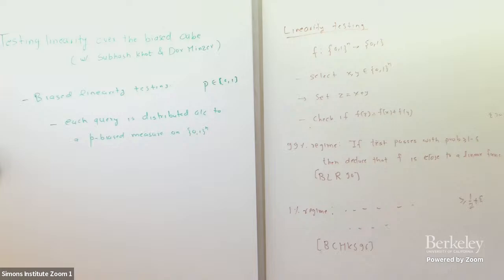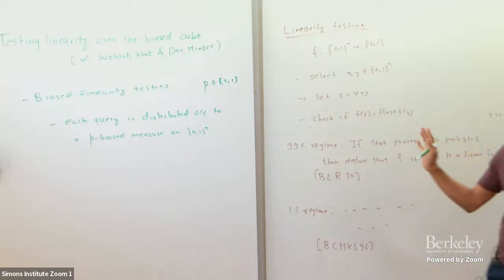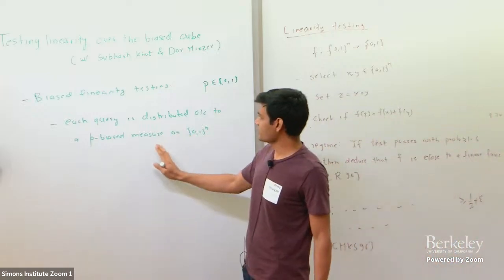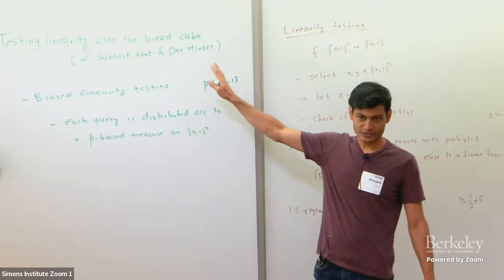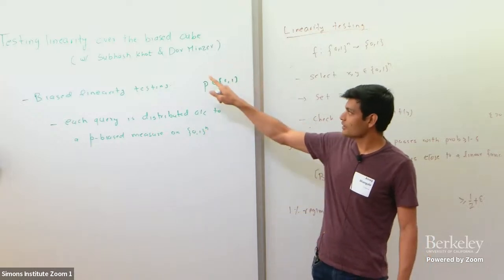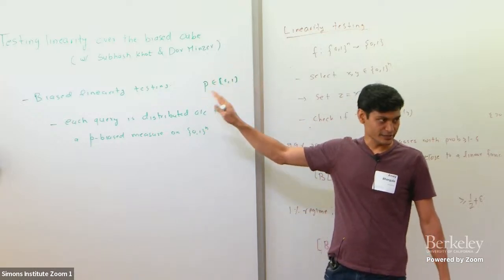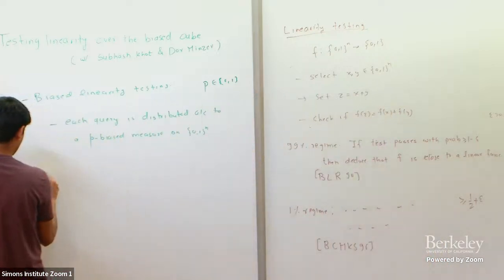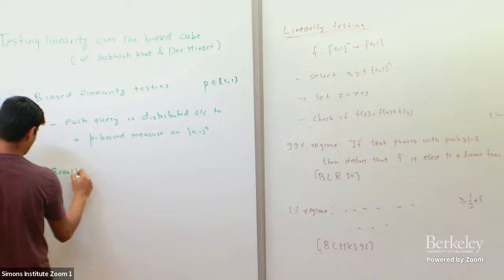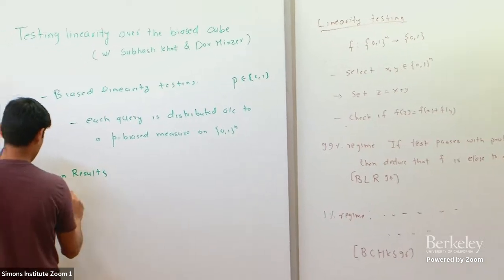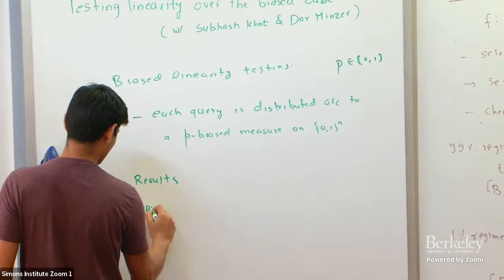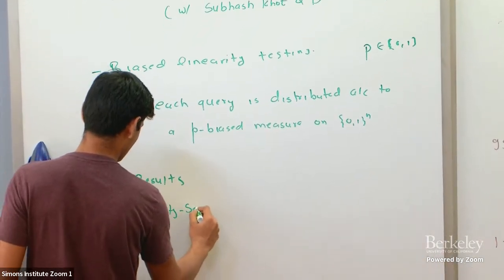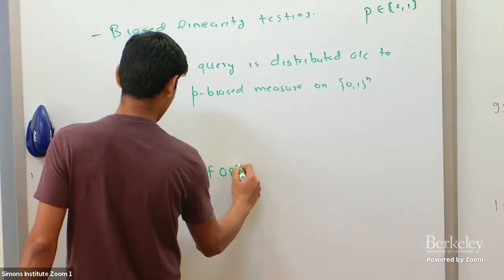And so let me tell you a bit of history about what was known about p-biased linearity testing, and then I'll state the main result, or one of the main results, which is biased linearity testing from this paper. So, known results. The first one is by Koperty and Saraf, 2008.